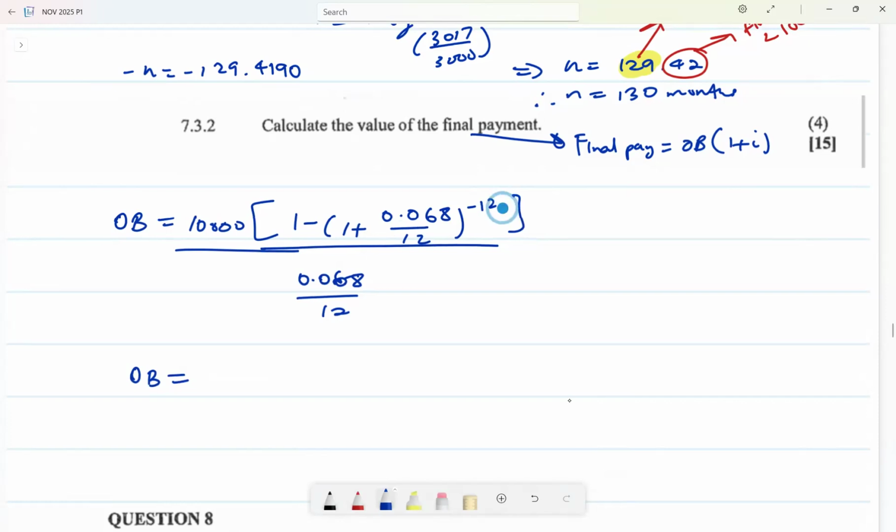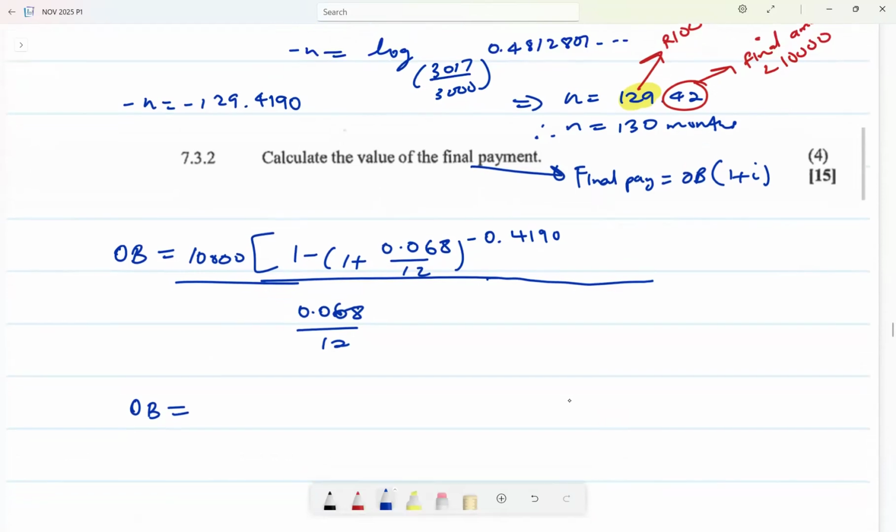When I use this formula, I need to use N as the months that are yet to be paid. So those yet to be paid is going to be 0.4190, and so on. Okay, now I see. Sorry about that. It's supposed to be negative 0.4190, and so on.